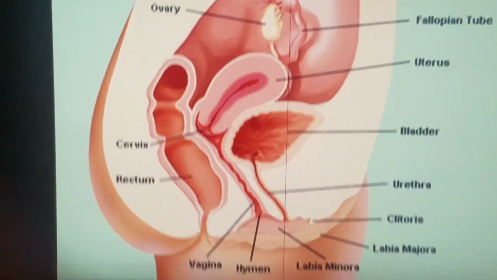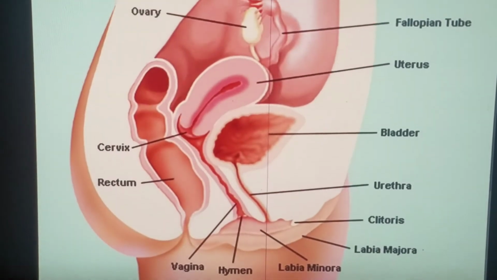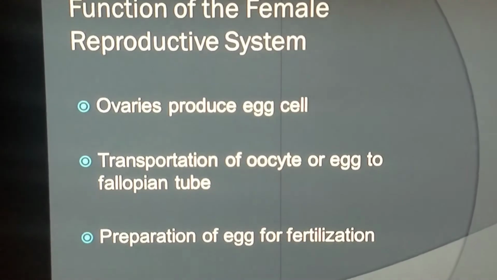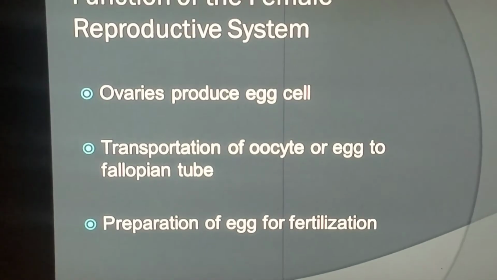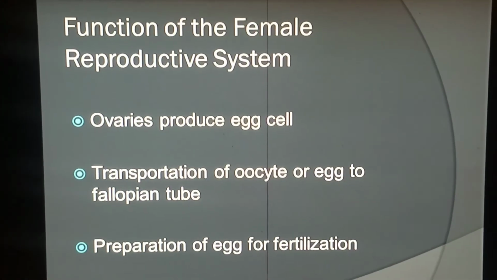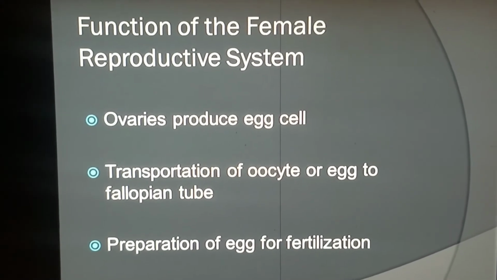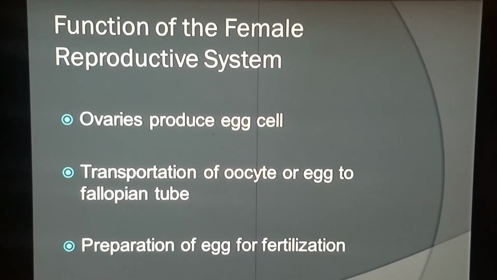Alright, so before I explain this diagram, I want to say something to you. I'm going to go back. The function of the female reproductive system is to produce the egg cell, which is the, what, ladies? The gamete of the female. Then it will transport the egg from the point of production to the fallopian tube. Why does it go to the fallopian tube?